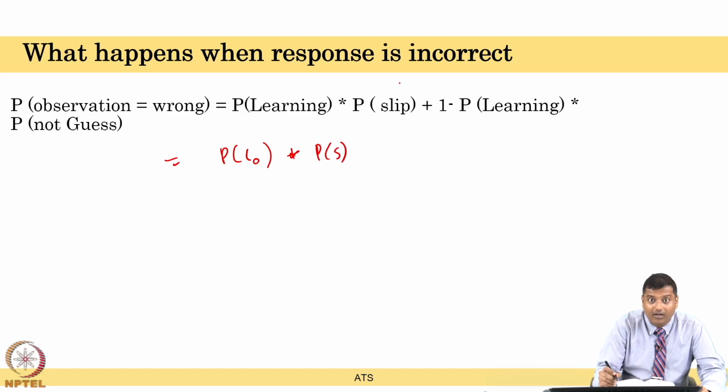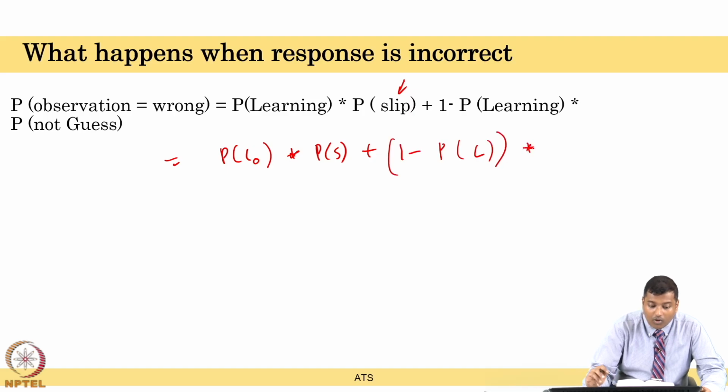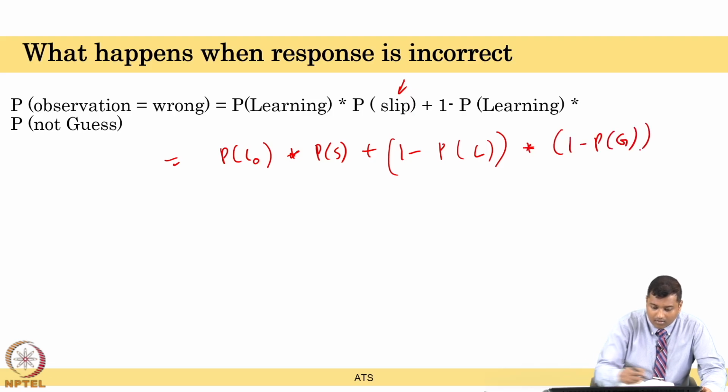So you have slipped, your response is incorrect, but I'm going to give you all some leeway because you might know the answer, plus 1 minus probability of learning times you have not guessed, probability of not guess. So not guess I can write as 1 minus probability of guess.